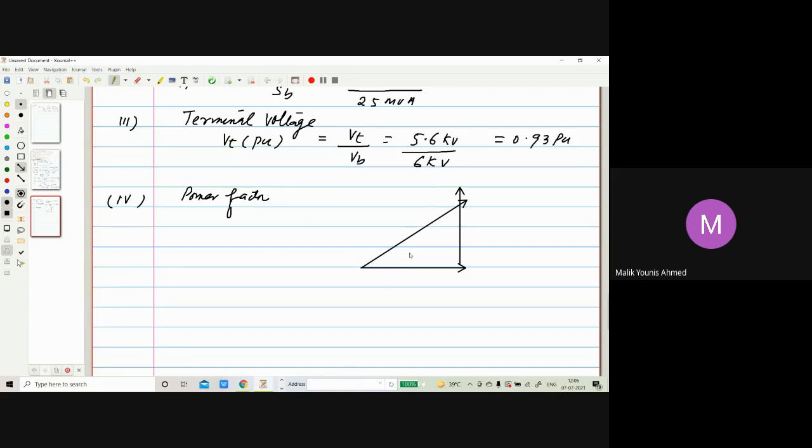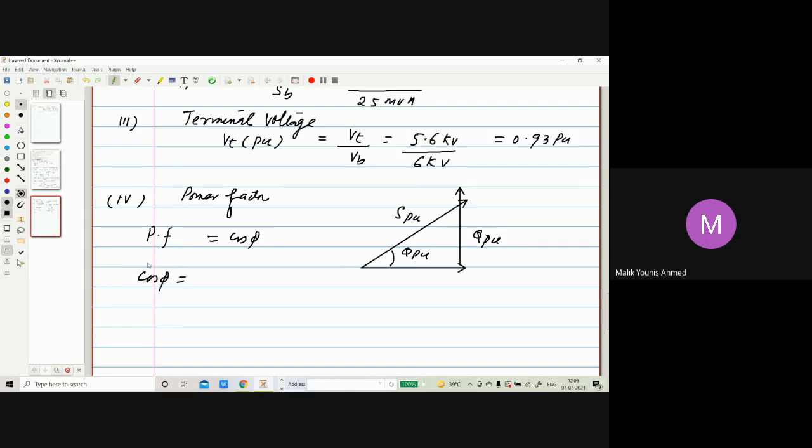Here I will be using QPU, here is SPU as usual. It's a complex power. For impedance you can draw anything, but here we need a power factor. Power factor is basically what? Cos phi.